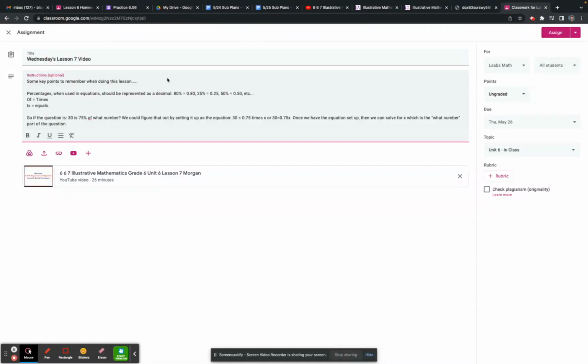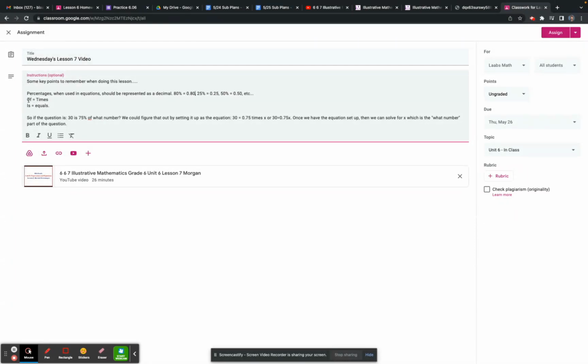But when we go to use them in an equation, we write them as decimals, which represents a value less than 1. So if we see 80% of something, we're going to write it as 0.80 or 0.8. 25% would be 0.25. 50%, 0.5 or 0.50.